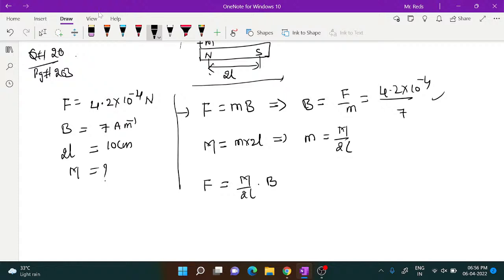But actually, a uniform magnetic field of 7 ampere per meter is given. Is this magnetic field strength or magnetic field intensity? Uniform magnetic field only, right? Ampere per meter. So that is the case.